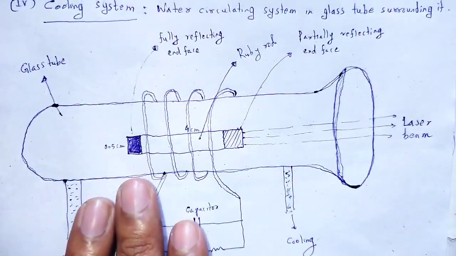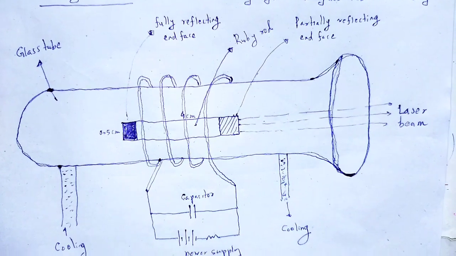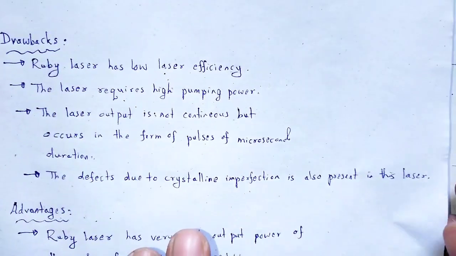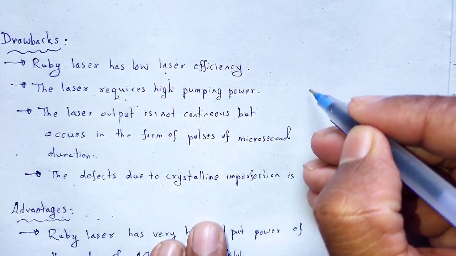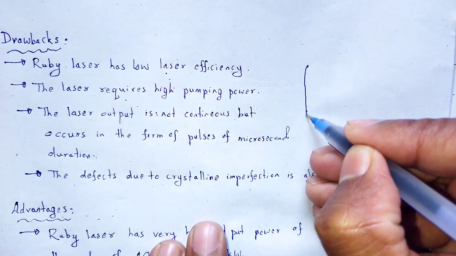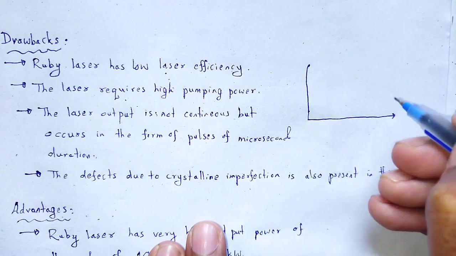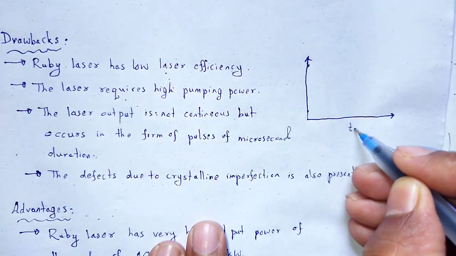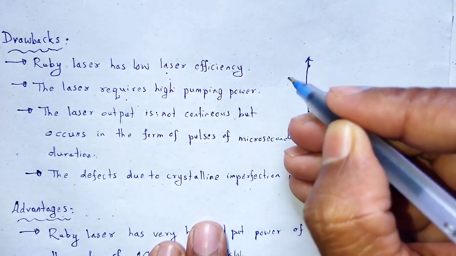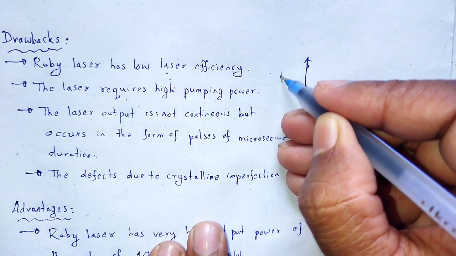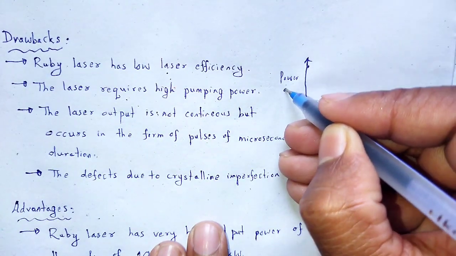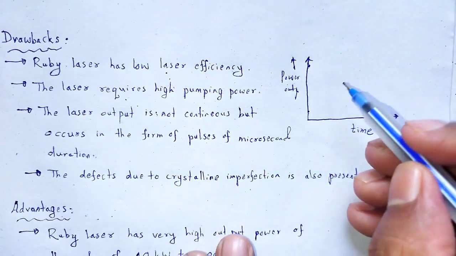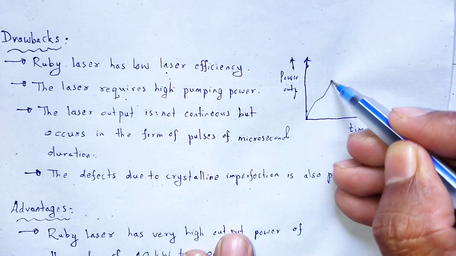Here we use the xenon flashlight by taking the power supply unit. If we plot the graph in between time and power supply unit, the graph is just like this.